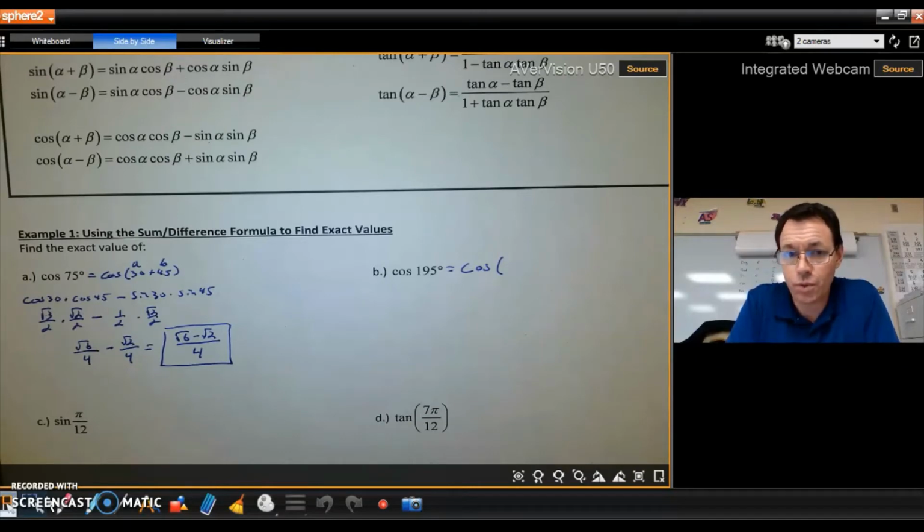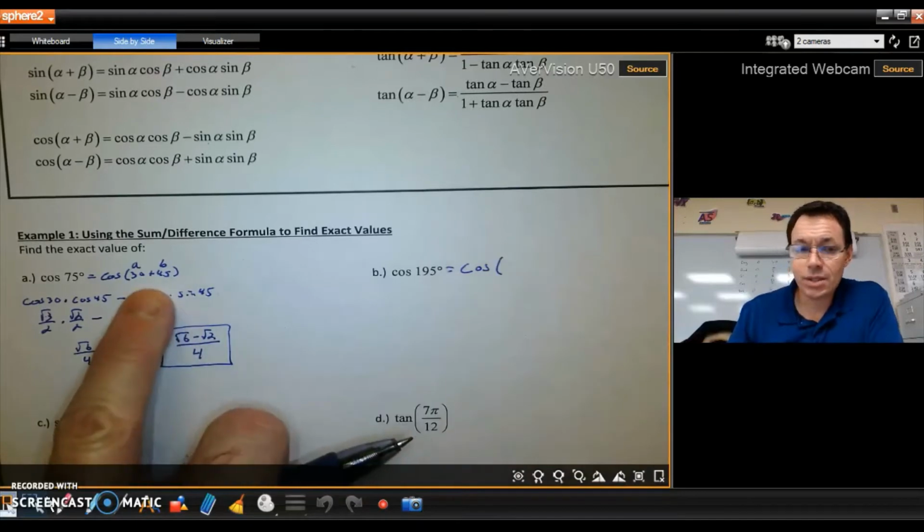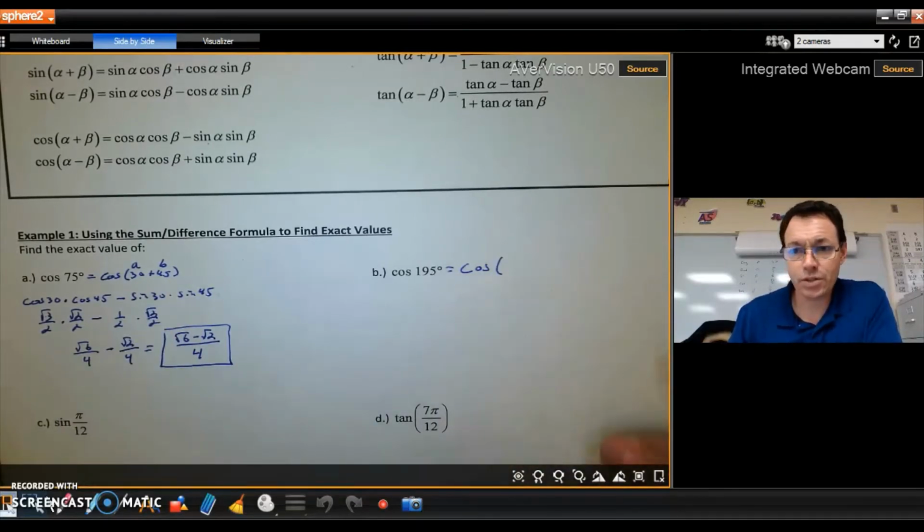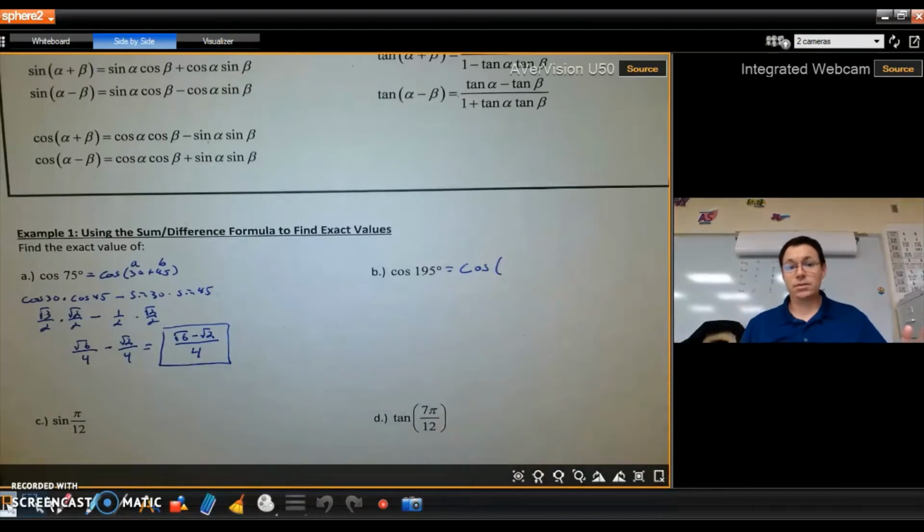So both of those would work. The reason I'm not going to do that, I just want to show you a different way to do it. I used the addition formula over here, so I'm going to purposely do this using the subtraction formula for no reason except so that you can see an example that uses the subtraction formula. Honestly, between you and me, I would probably use 150 and 45. That's just the easier ones to use.